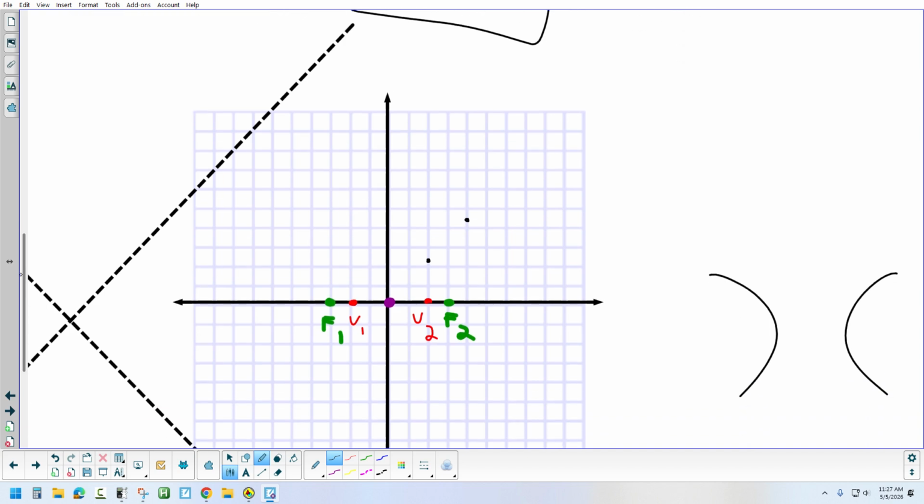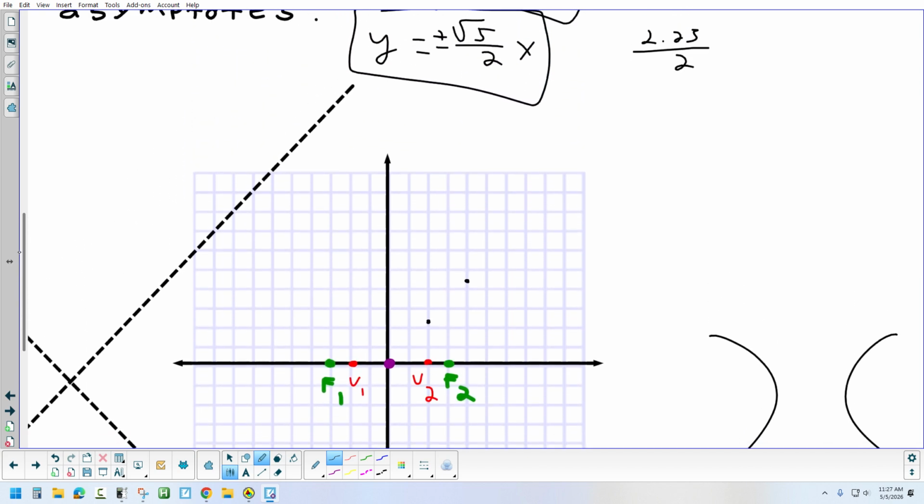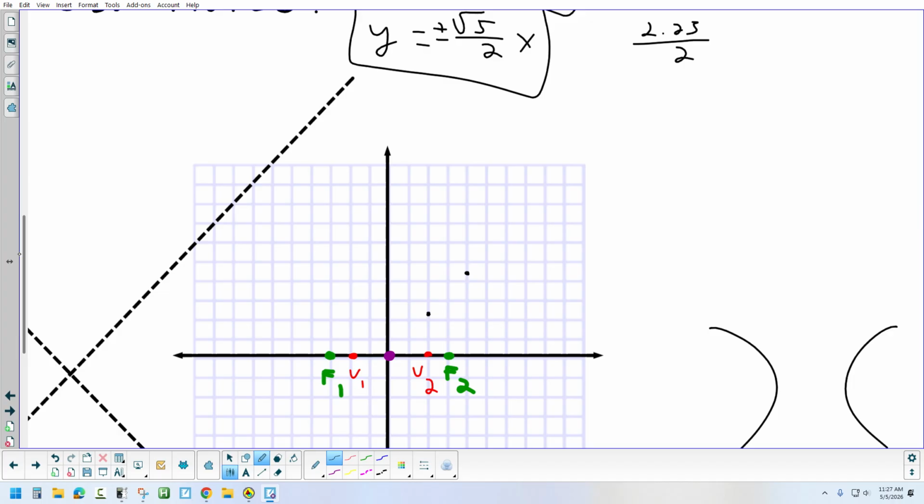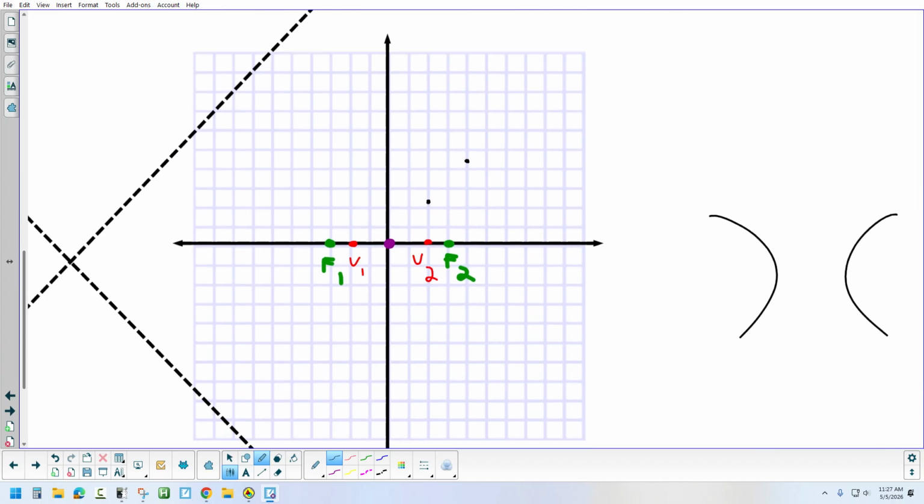And then I'm going to do the same thing the other way. I'm going to go down 2.2 and right 2, and then go down 2.2 again, and right 2.